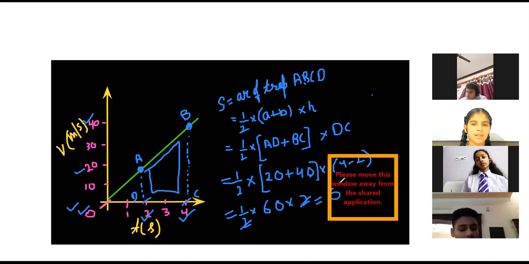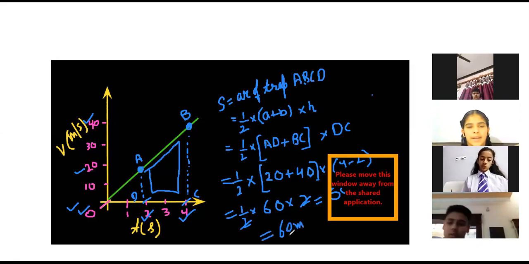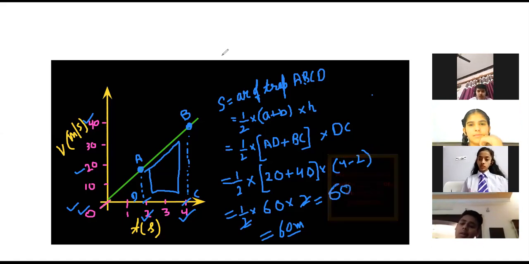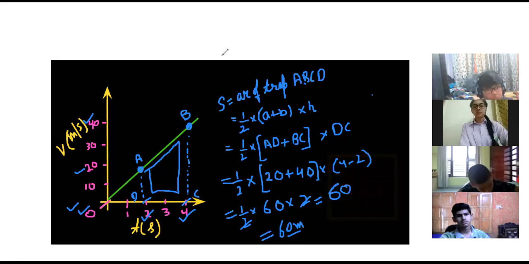Since displacement was being found, the unit of displacement is meter. You have 60 meter as the displacement. Yes, how many of you got the correct answer? Very good, Puneet. Very good, Abhay. Sameer.